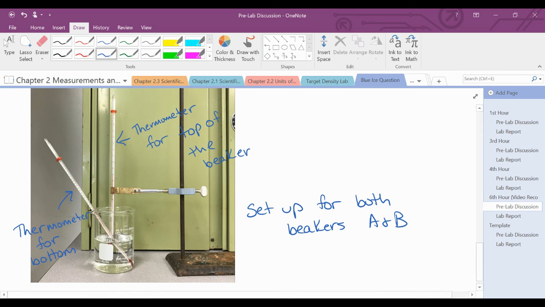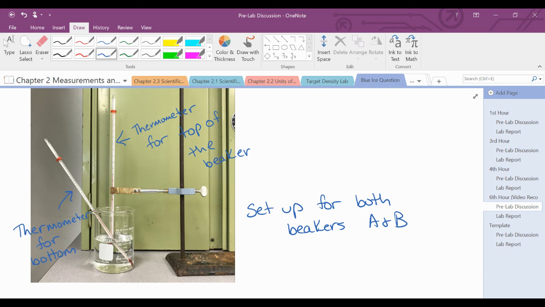So as far as lab groups, you have your group of 3 or 4 that you sit with. That was the same group you went back for the blue ice lab, that you went back for the measurement stations. That is the large group for this lab. I will divide you into groups of 2 from that, just like I did for the target density lab.